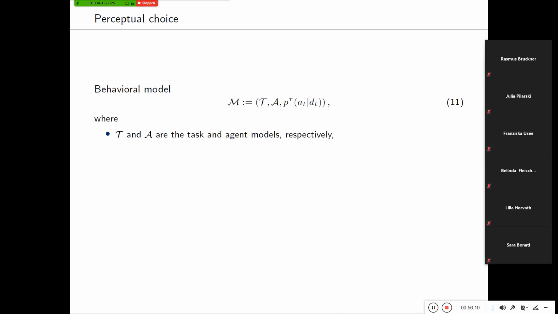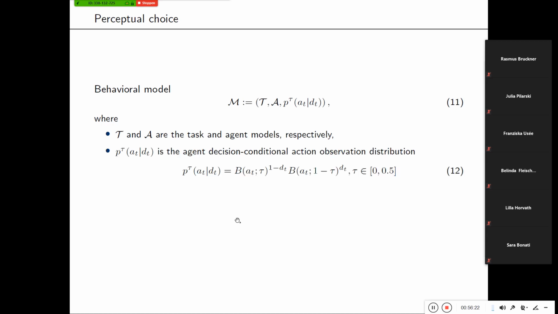The important thing that is then added to the task and the agent model is the behavioral model. This incorporates the task and the agent models, but now adds essentially choice noise or action noise by means of this decision-conditional action distribution.